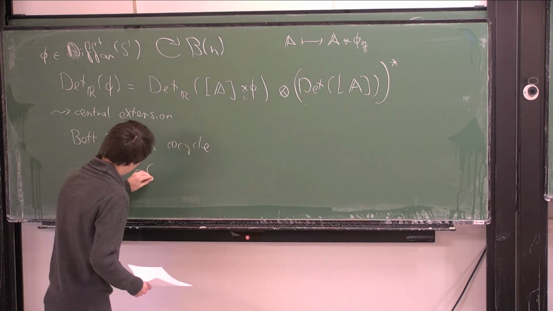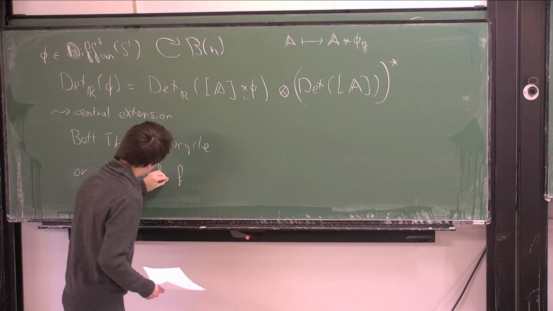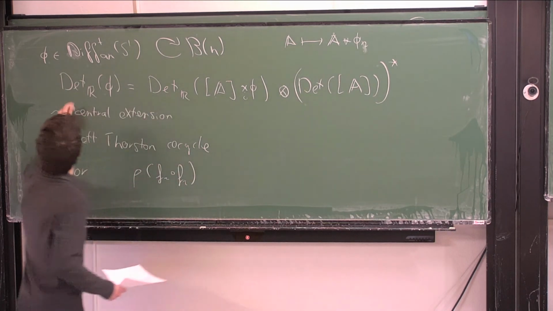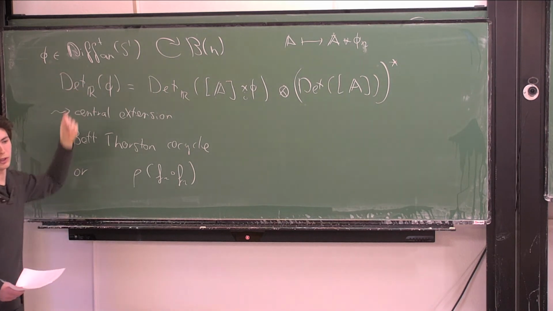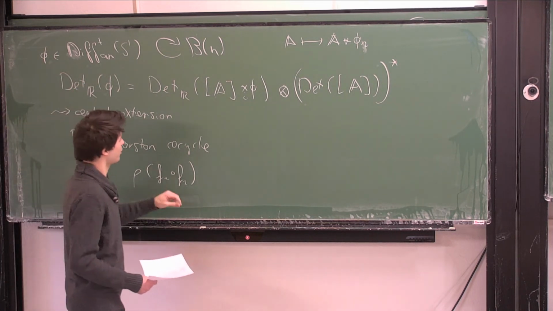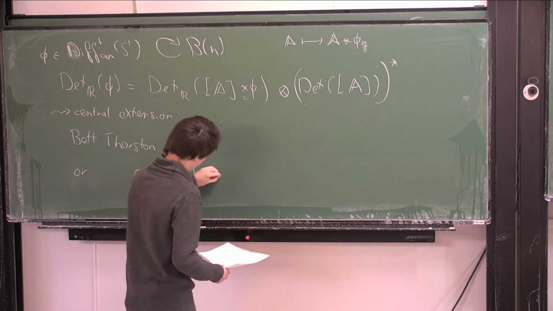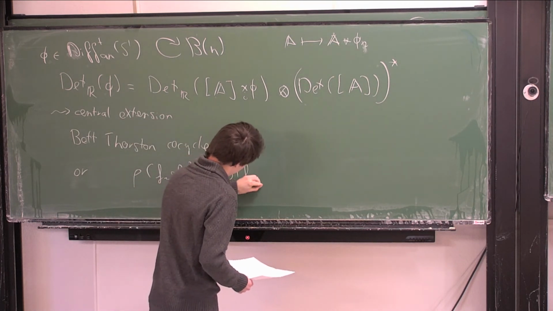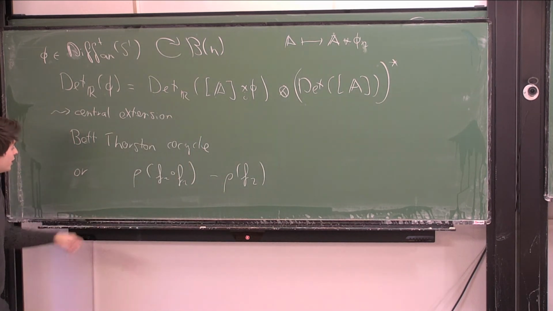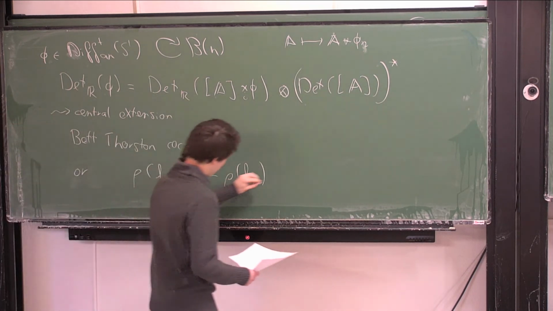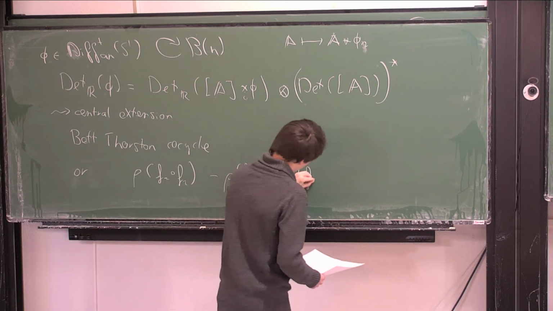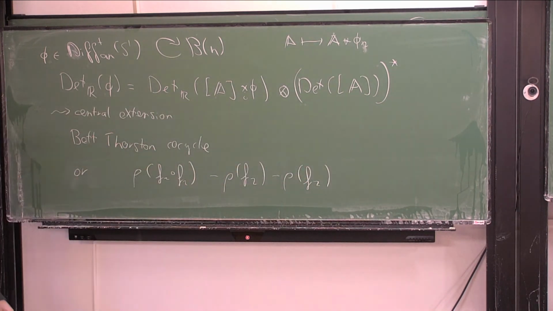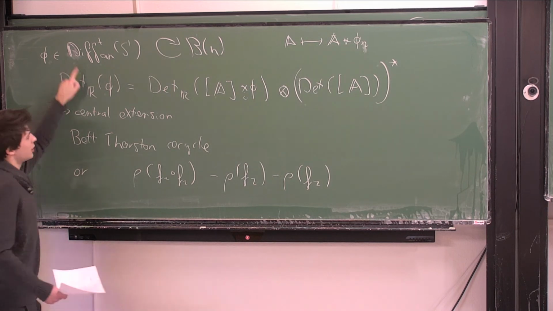So if we take F1 and F2 to be lifts of such a diffeomorphism to the universal cover, so they are maps from R to R with some periodicity, then we can take the rotation number of such a thing, I denoted rho, then this particular combination does not depend on the lift anymore, and it has a cocycle property, so it's a cocycle of the diffeomorphism group, which gives a central extension.